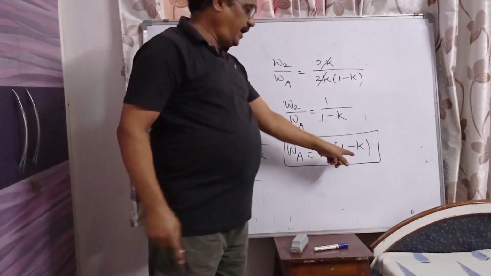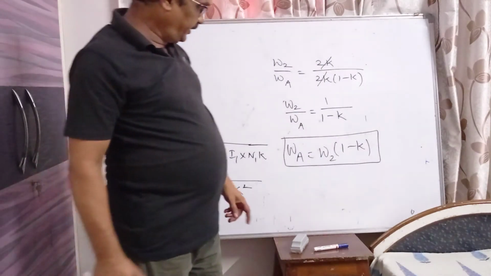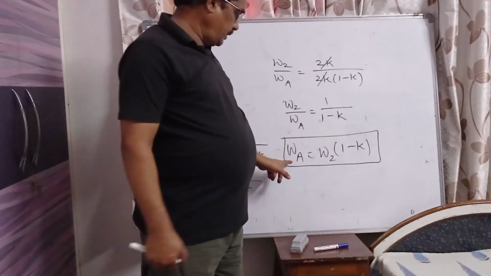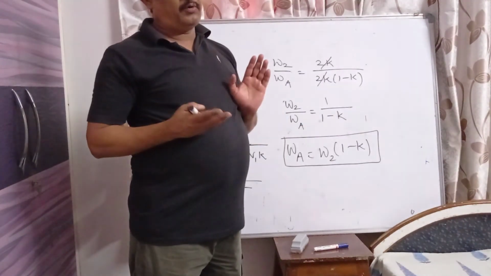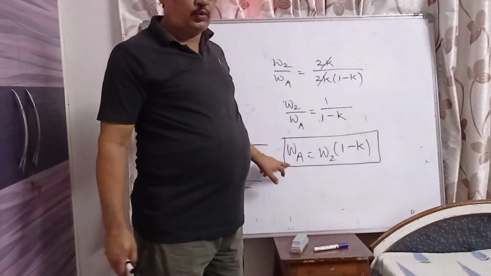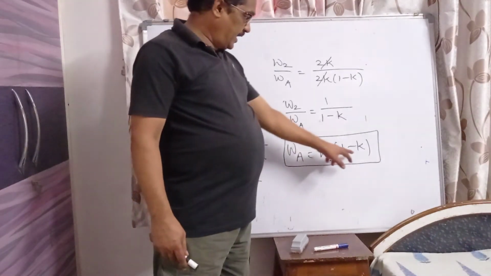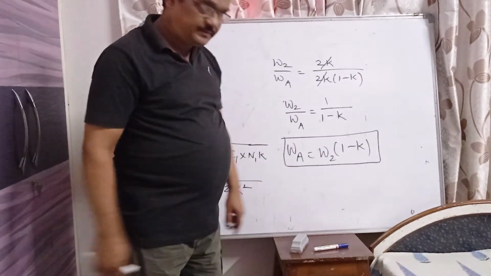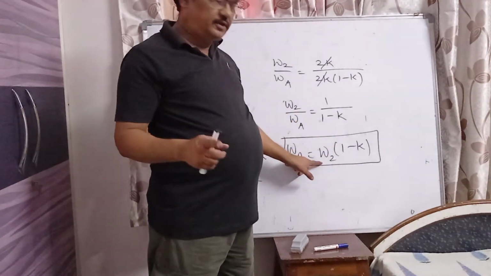So if K approaches unity, this factor approaches 0 and weight approaches 0. It means that a large amount of copper is saved in auto transformer than in two winding transformer. So if K is 0.1, then 1 minus 0.1 is 0.9 times weight of copper.